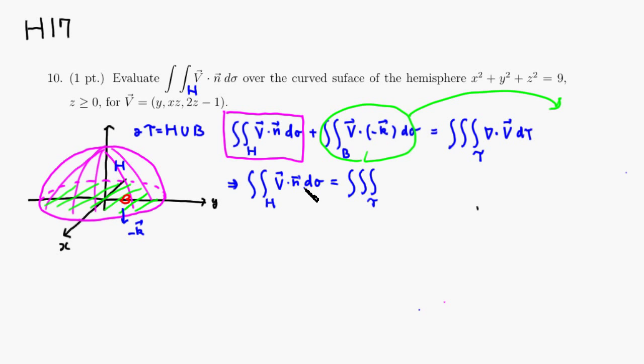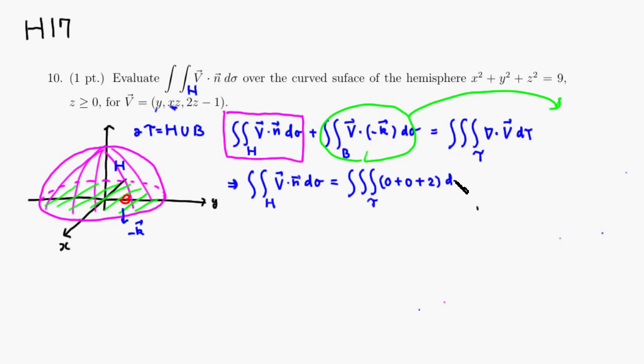half ball. Let's take the divergence of this vector field. The partial with respect to y is 0, plus the partial of xz with respect to y is 0 again, plus the partial of 2z minus 1 with respect to z is 2.